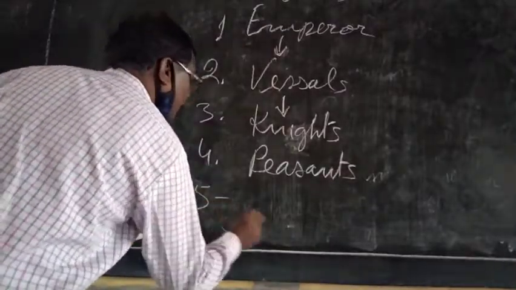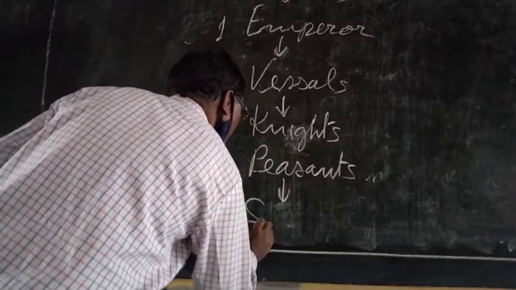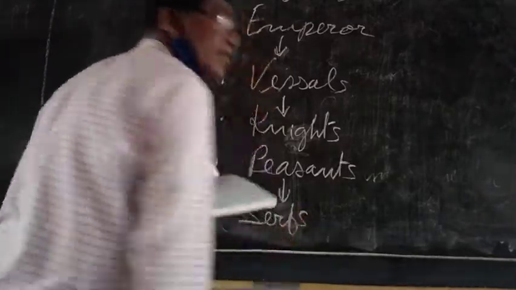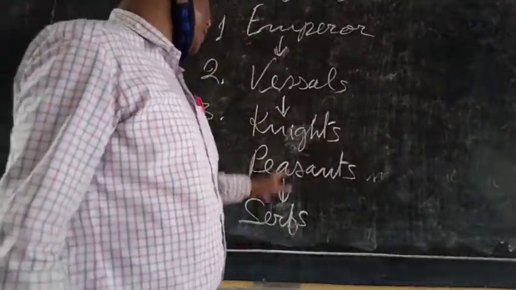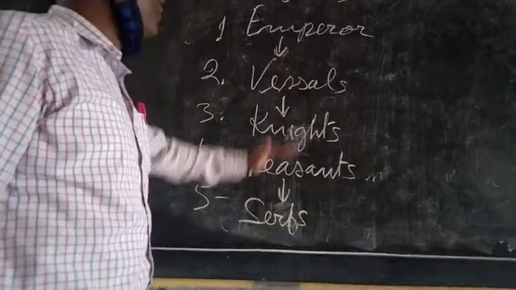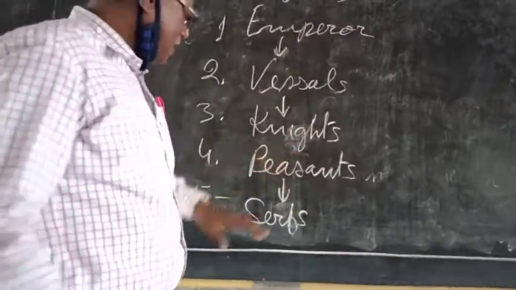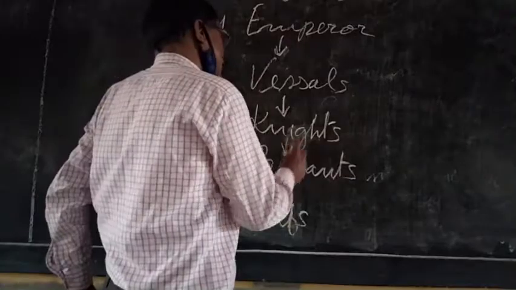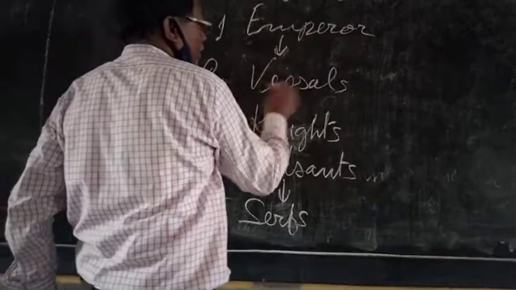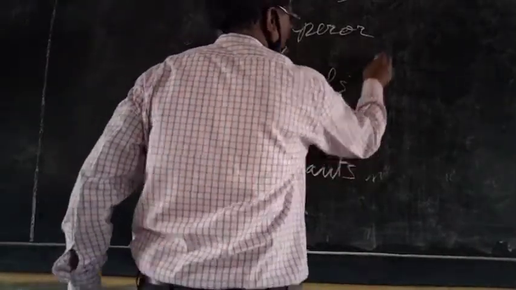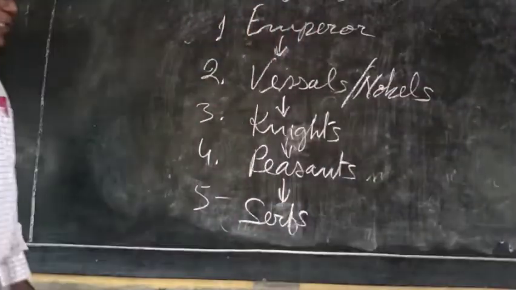And the fifth rank of this system was the serfs, the lowest group among the peasants. Serfs, above that peasants, above that the knights, then the vassals or nobles, and then the emperor. So this was the system.